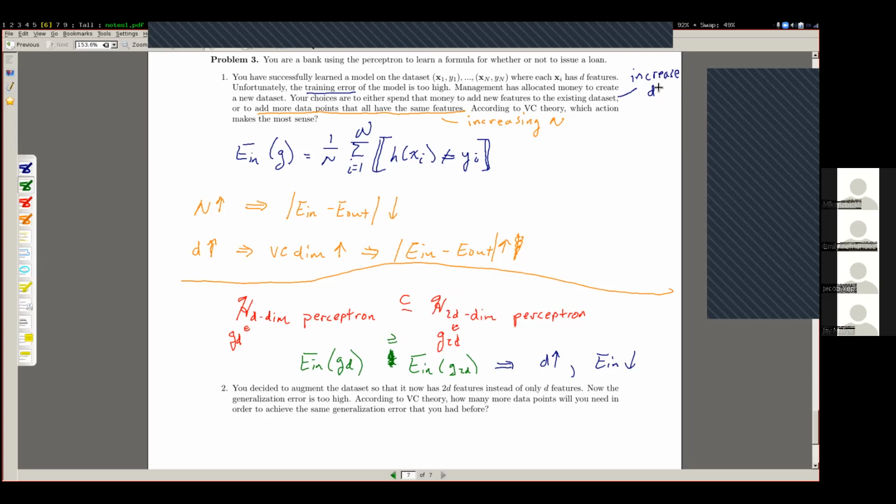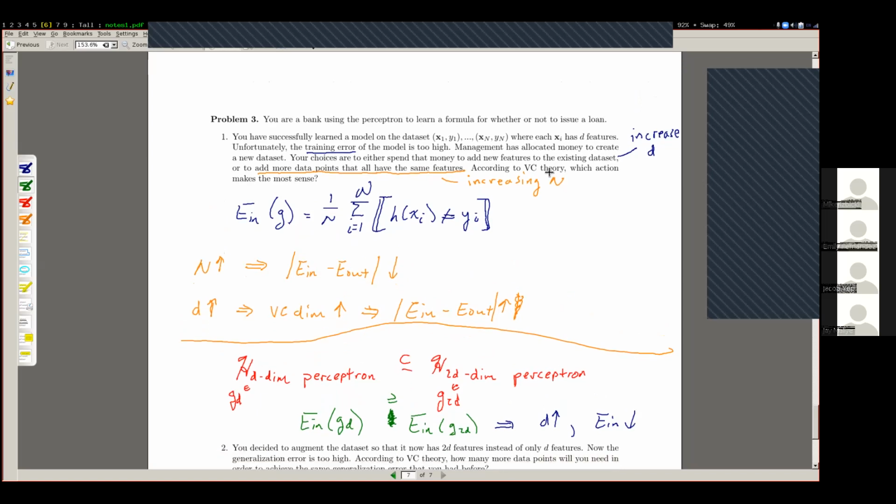So the question is, why does increasing D decrease the training error? One way to think about it is by example: if my original features are just super crappy features, like the height and weight of the applicant. Maybe there's some sort of correlation between height and weight of people and their credit quality, but probably not.